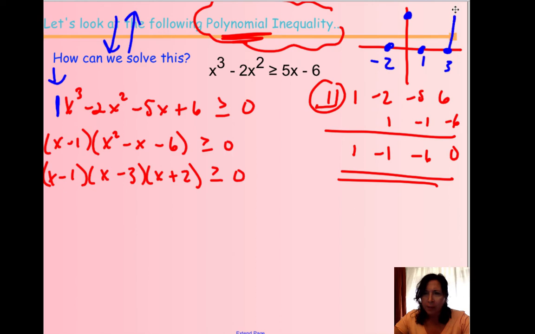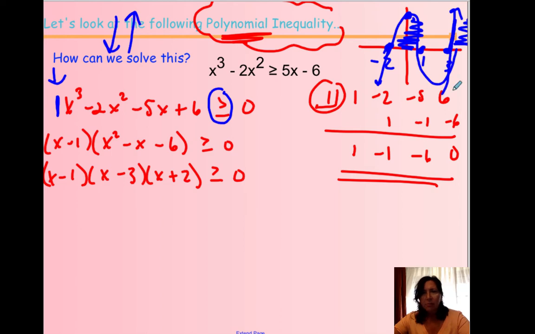So it goes up, and then I know this is happening down. And then I know that my graph is going to do something like that, and because there's no multiplicities, everything's going right through. That being said, the question is, again, where is my graph greater than or equal to 0? So it would be here, and then over here. That goes through that.